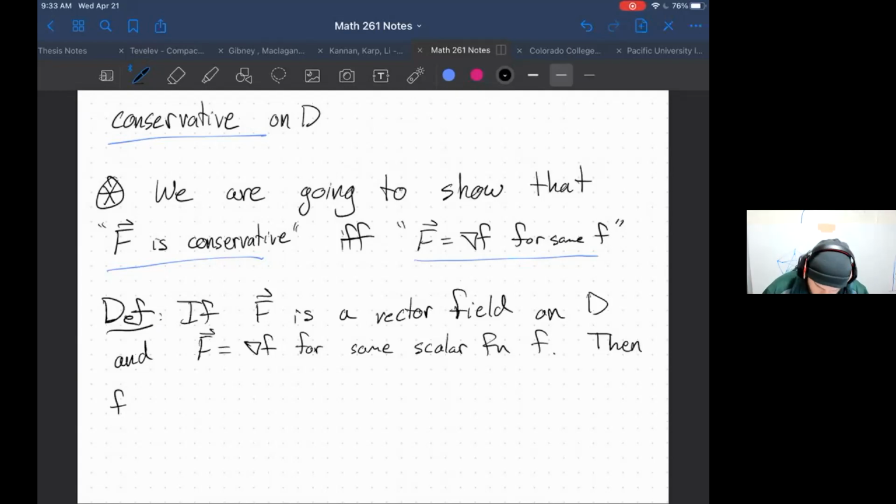Then little f is called a potential function.